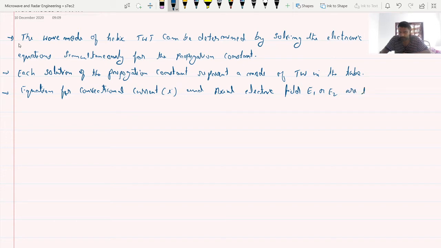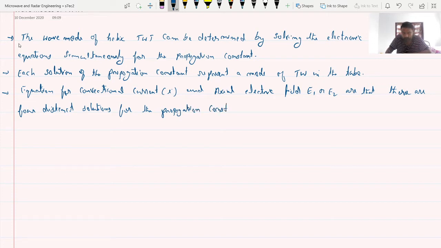There are four distinct solutions for the propagation constant, that is, there are four modes of traveling wave tube in the O type traveling wave tube amplifier.